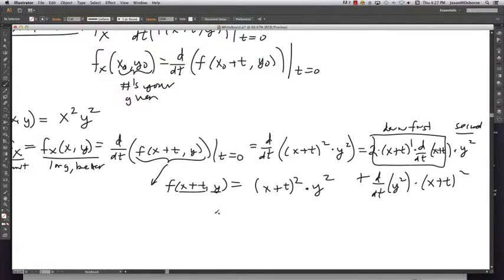And I think you can see here that the derivative with respect to t of x plus t, x is like a constant here, t is the only variable, so the derivative here is a 1. So you get 2 times x plus t times y squared. The derivative of y squared with respect to t is 0. And therefore, you get x plus t.